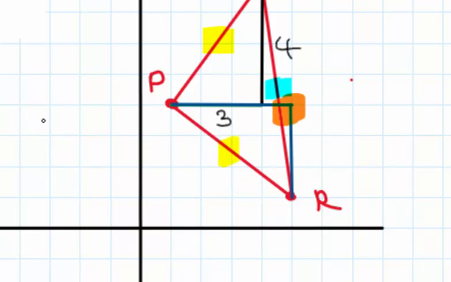Okay, how long is this? 3 was for the first triangle. How long is this line? This line is 4, and this line is 3.